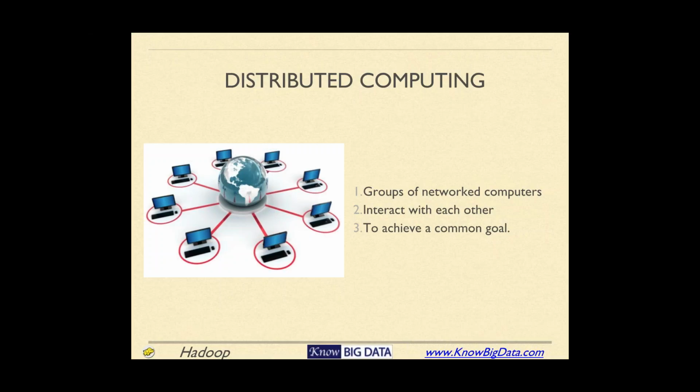This is probably the most important definition, and why it's important, because all of the tools that we discuss in this session, we will be starting with, say, Hadoop distributed file system, then we'll go with MapReduce, then we'll go with Hive, Pig, Scoop, Flume, Oozie, HBase, Spark and Storm, and all of these tools.